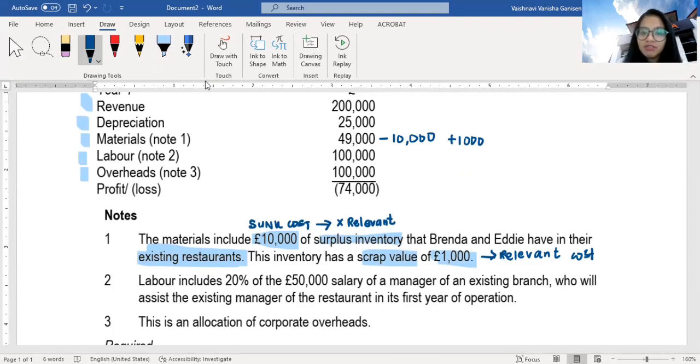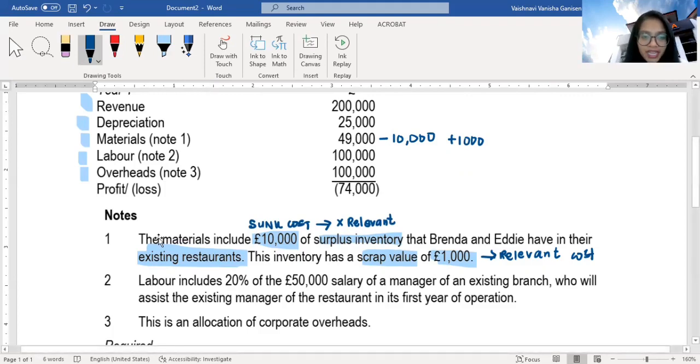That means in future, when you sell the inventories, their value is only 1,000 pounds. So what you are doing is removing the historical or sunk cost and replacing it with your future cost, which is the scrap value of 1,000 pounds. That becomes relevant.